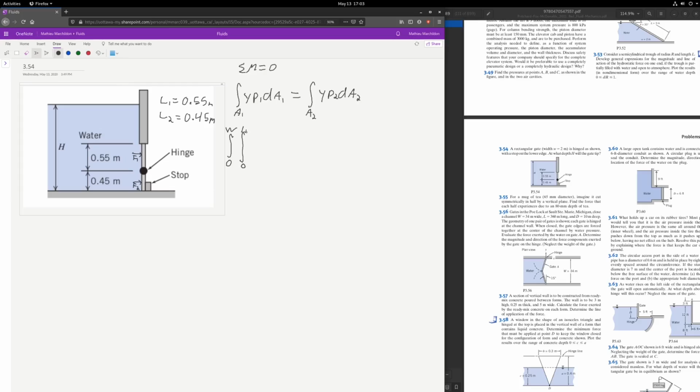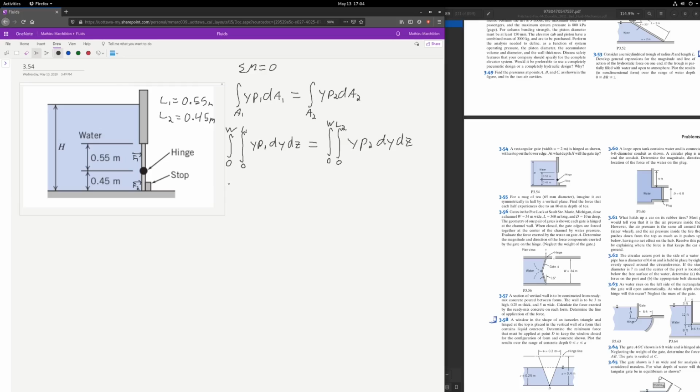So the integral over L1 of y p1, and now dA is going to be dy dz, is equal to, well, the same thing: the integral from 0 to the width, so this is our depth, and 0 to L2 of y p2 dy dz.